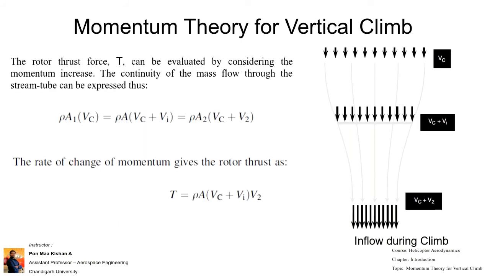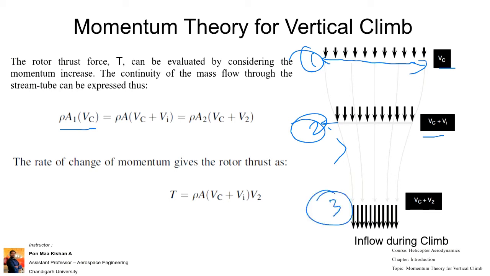So let's get into the heading. If we implement the continuity equation and the rate of change of momentum, we have rho A1 VC at the first section. We mark section 1, section 2 and section 3.